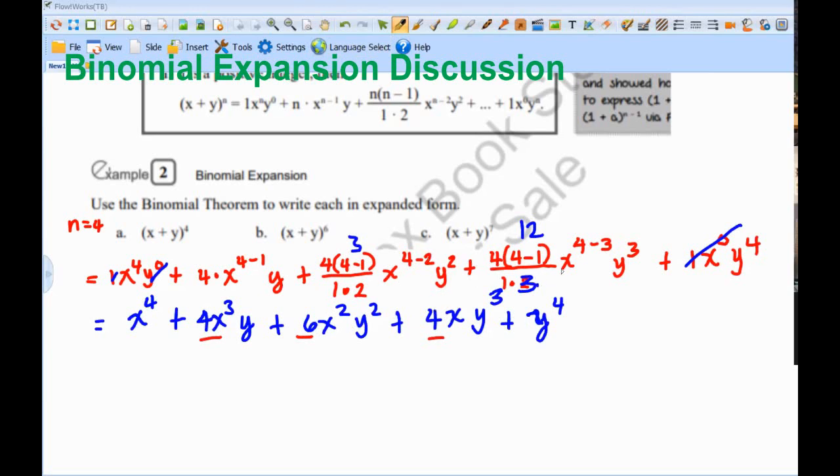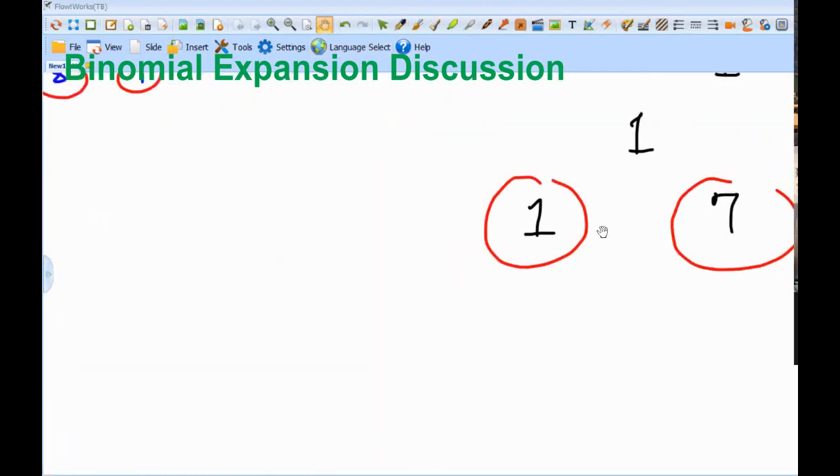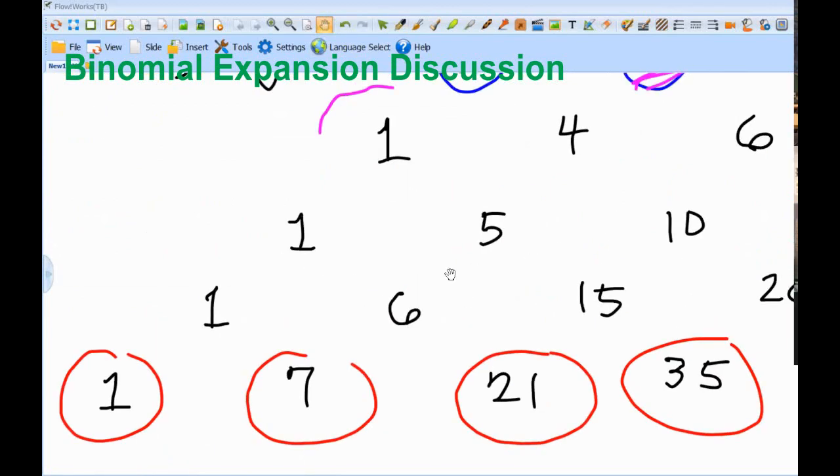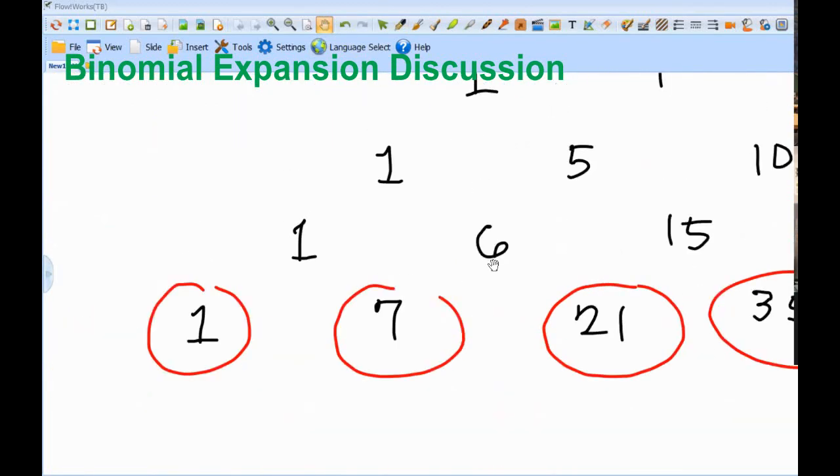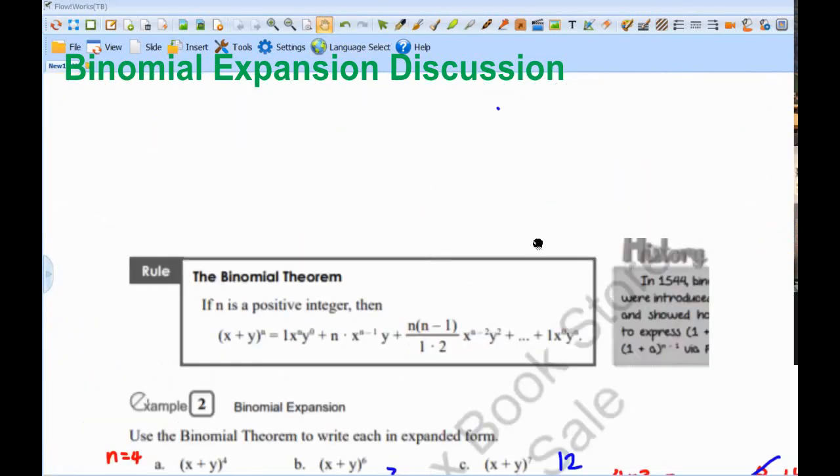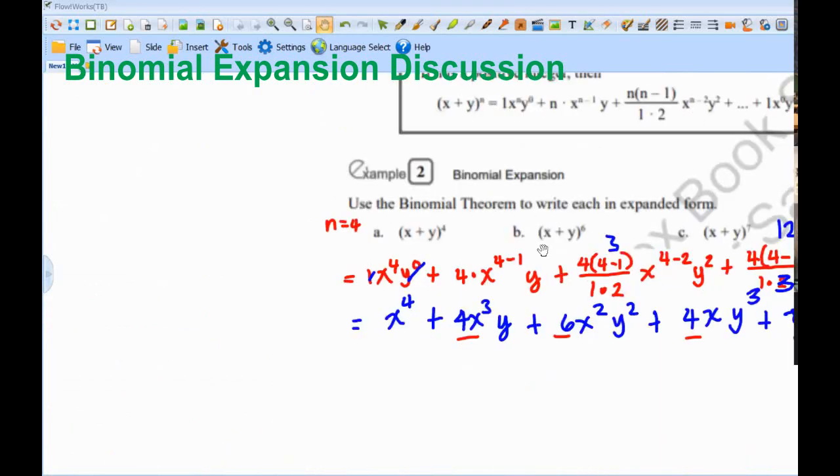Because on the power of 3, it's the y. Then the other one is 4. Okay? Or we can also use that formula that we used here. What's that? 1, 4, 6, 4, 1. Okay, correct.